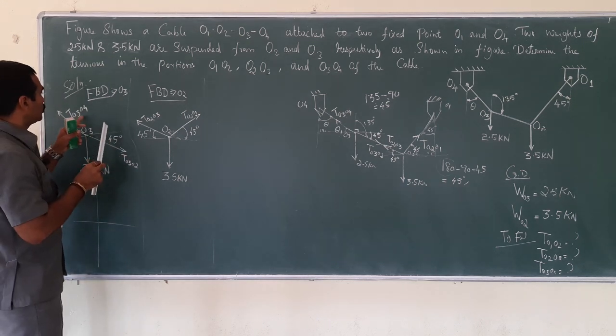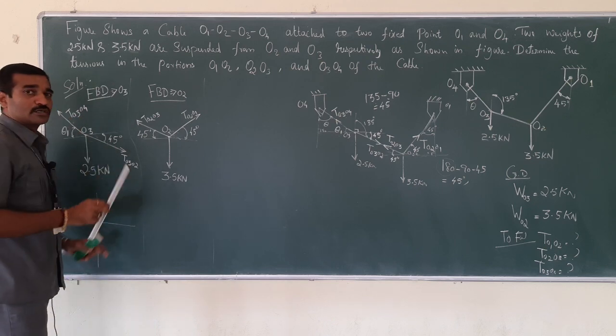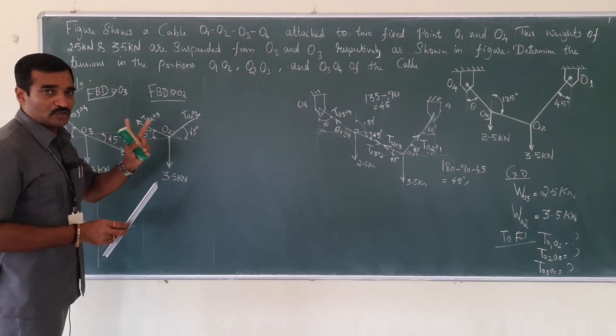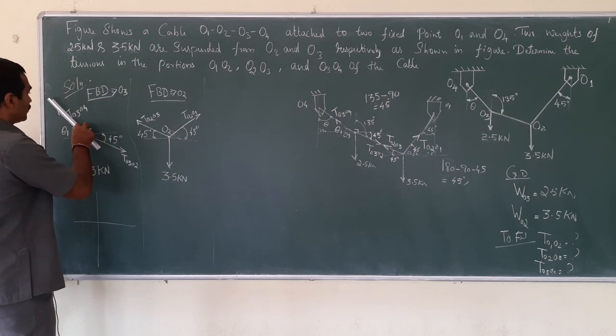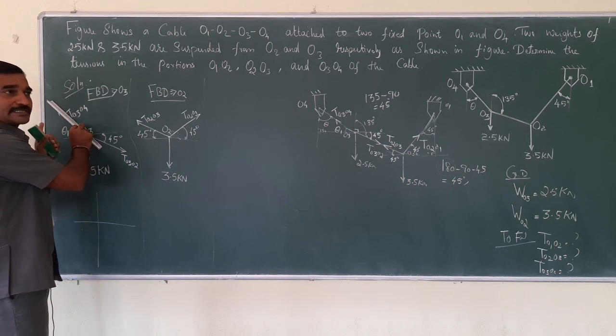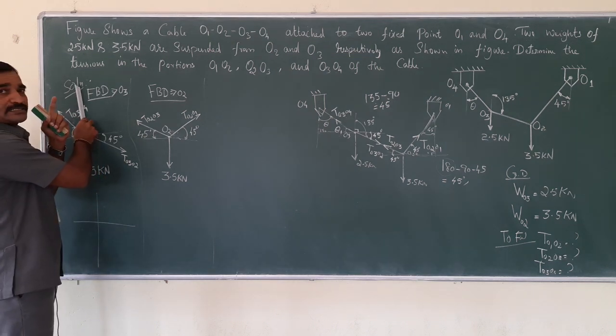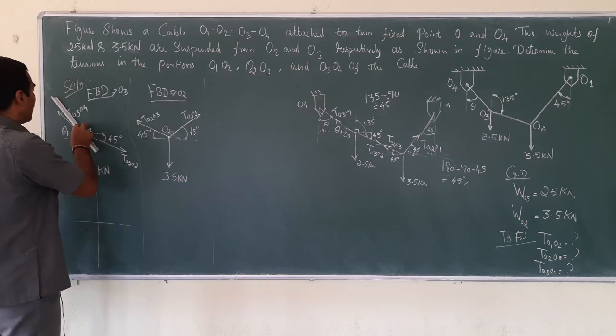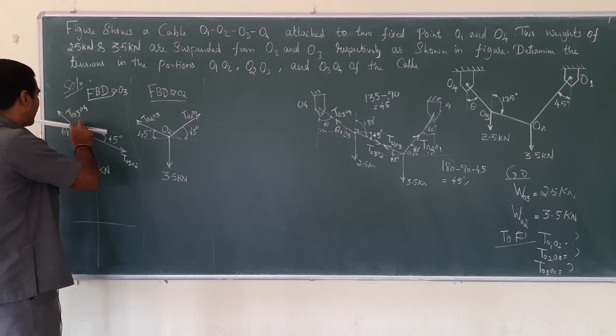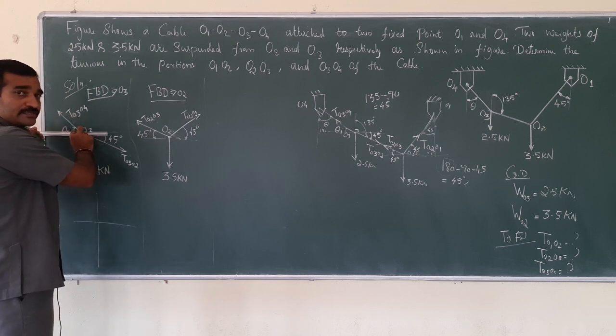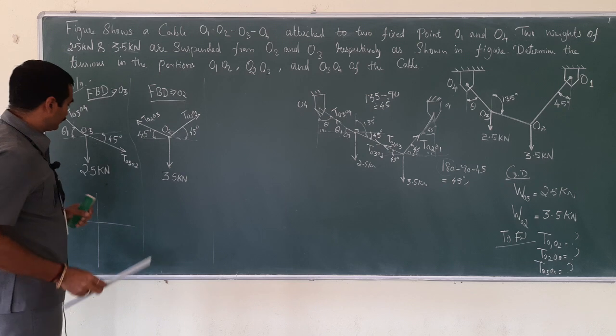And for T O3 O4, it is inclined, so we need to split into 2 components, one is vertical, other one is horizontal. So, this is how this force is acting. Its nearest vertical could be vertically upwards, that is in positive y direction, and its horizontal component is towards the negative x axis.